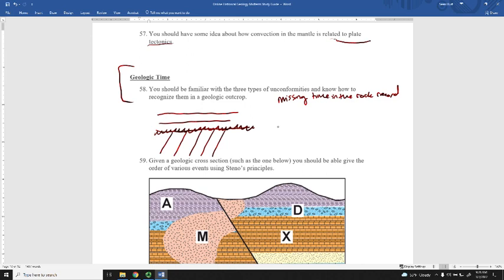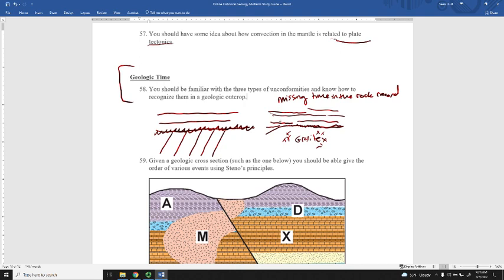There's an angular unconformity. Another thing is when you have a crystalline rock, like let's say granite, and then on top of that you have some layers of sedimentary rock. Well, you know that there was no deposition of the granite because granite is not a sedimentary rock, so it couldn't be deposited.